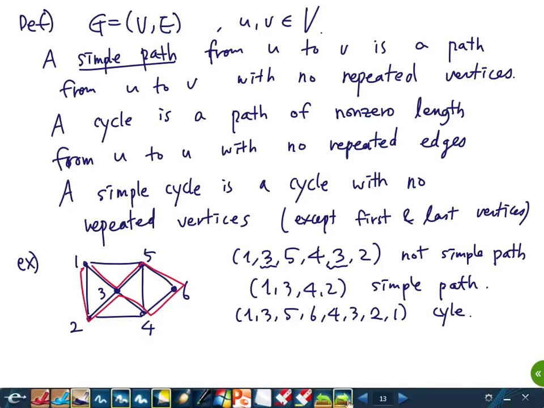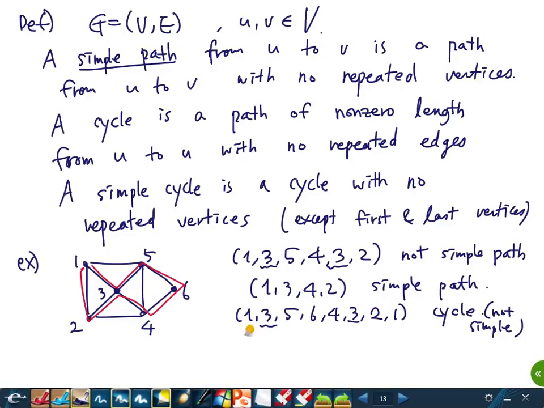But not a simple cycle, right? Because a simple cycle means no repeated vertices, and we repeat this 3 twice. Cycle, but not a simple cycle.